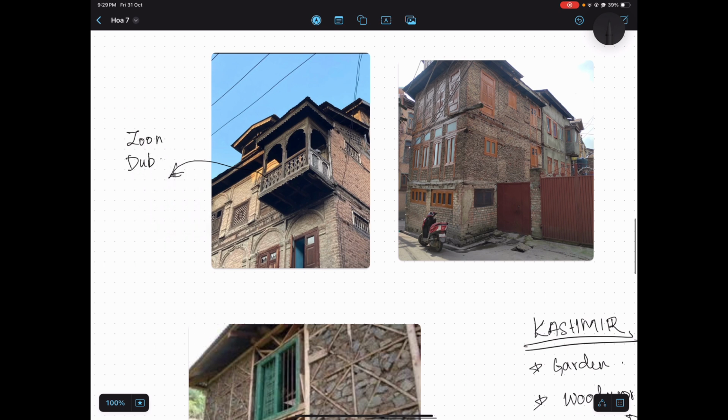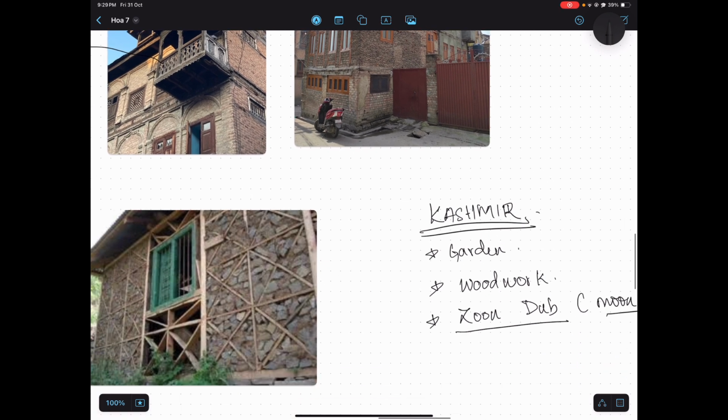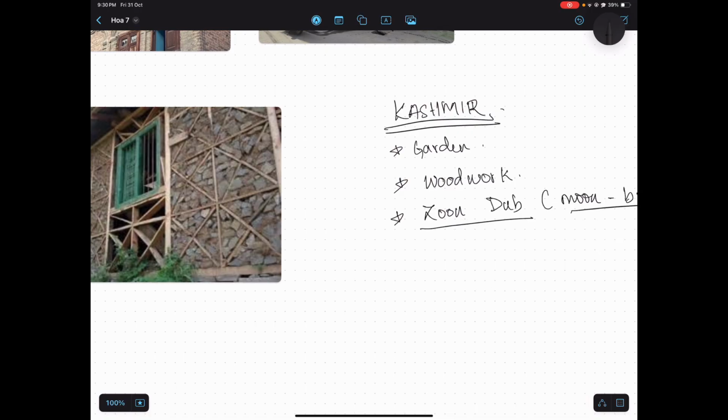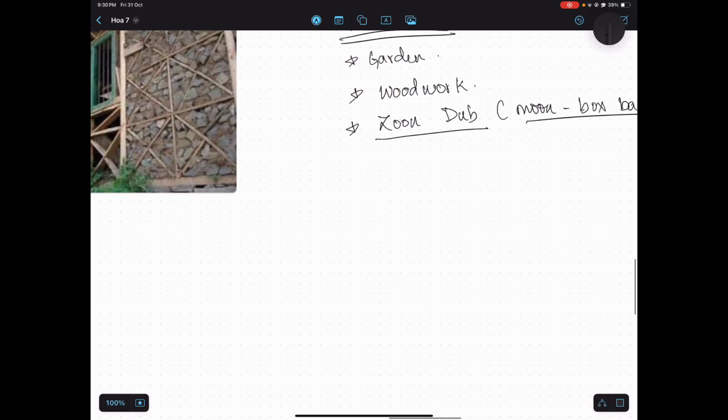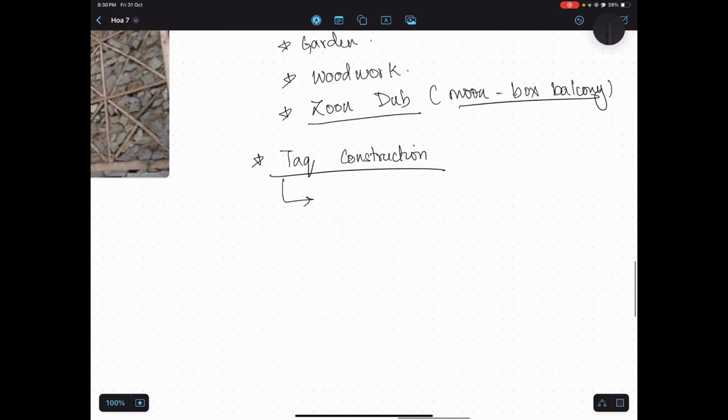And they also used two types of construction system because of seismic issues. So they had tuck construction, which means your trabeations, that is your lintels and beams, are tied to horizontal timbers. So that gives them a sort of flexibility.